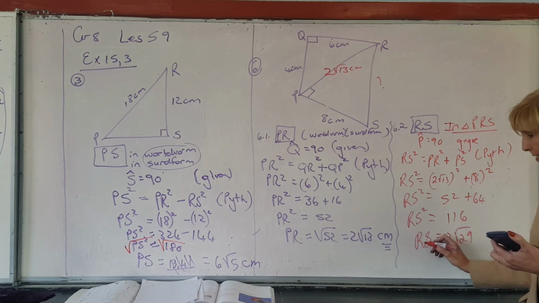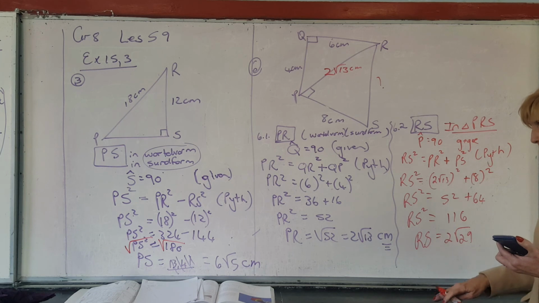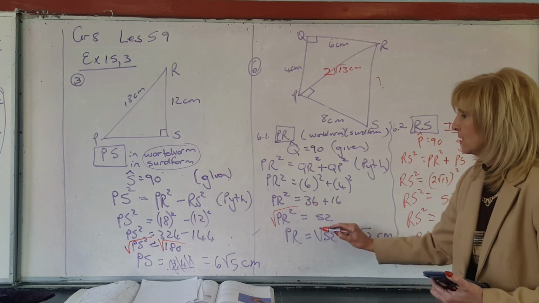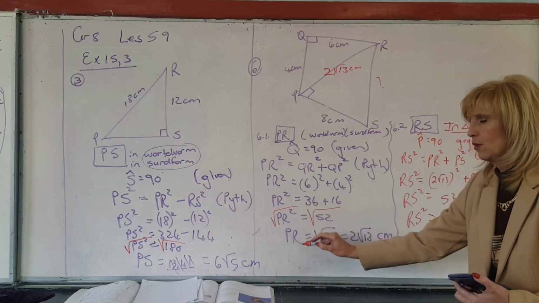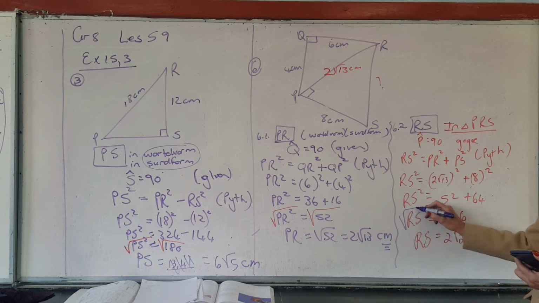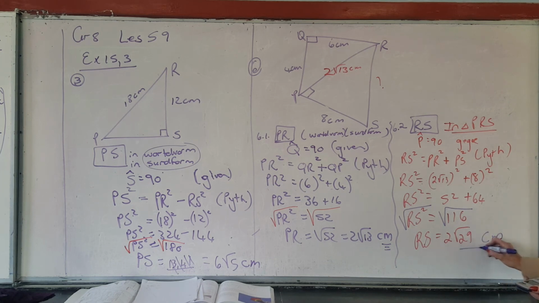Now it's RS, not RS squared anymore. Hoe het jy by die antwoord uitgekom? To get to the answer, you've got to square root. Square root. Then you get to your answer. Om by die antwoord uit te kom, moet jy dit gaan vierkantswortel en vierkantswortel. And that's how you get to your answer in centimeters again. Goed.